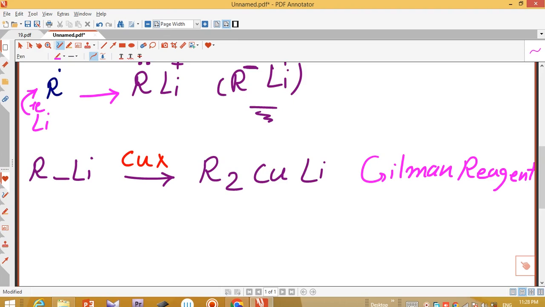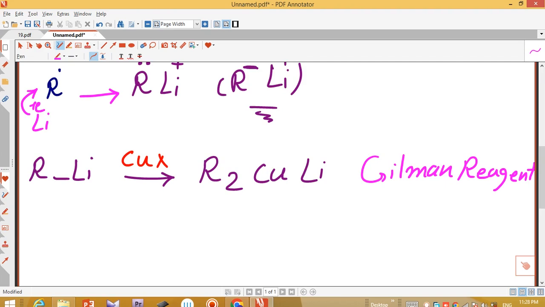I will draw what happens to this reagent when it becomes a dimer. Again, my friends, do not forget this is one important reagent. We will be dealing with it a lot in future. The charge of R, or alkyl, here will be negative, a carbanion, and a nucleophile, and it can attack different substrates.